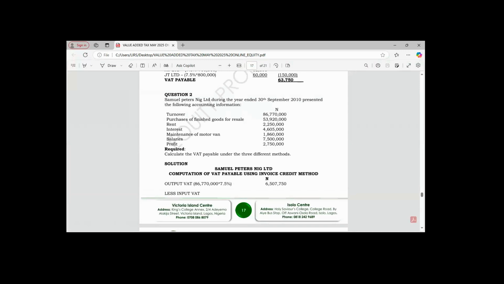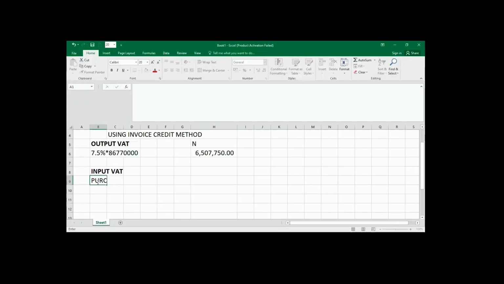So the purchases will be 53,920,000. We are not told whether it is VAT inclusive, so we also assume VAT exclusive. We also have 7.5% multiplied by the value, which is 53,920,000.